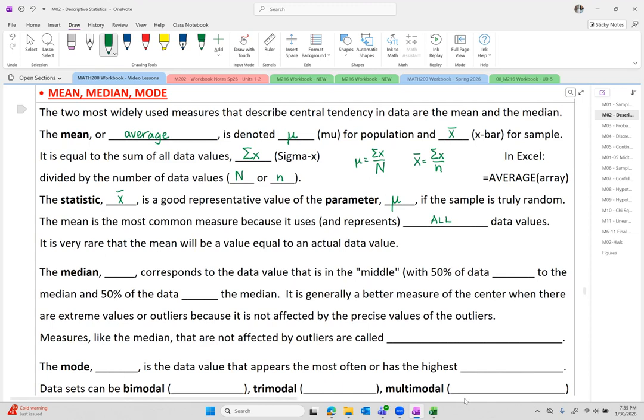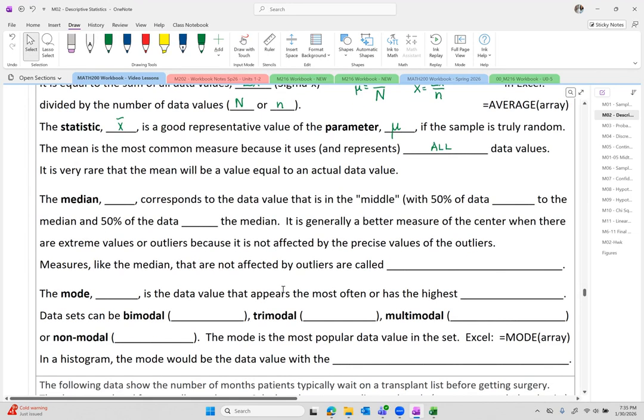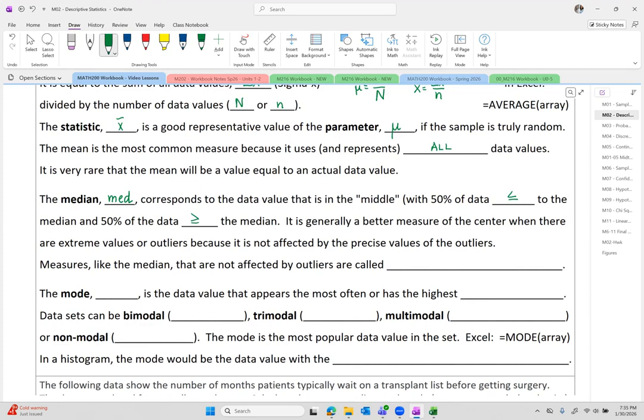The median, the notation is MED, corresponds to the data value that is in the middle of the data. It has 50% of the data less than or equal to the median, and 50% of the data greater than or equal to the median. It is generally a better measure of the center when there are extreme values or outliers, because it is not affected by the precise values of the outliers.